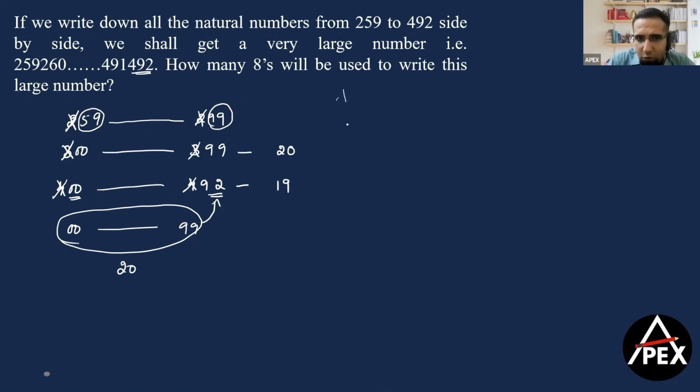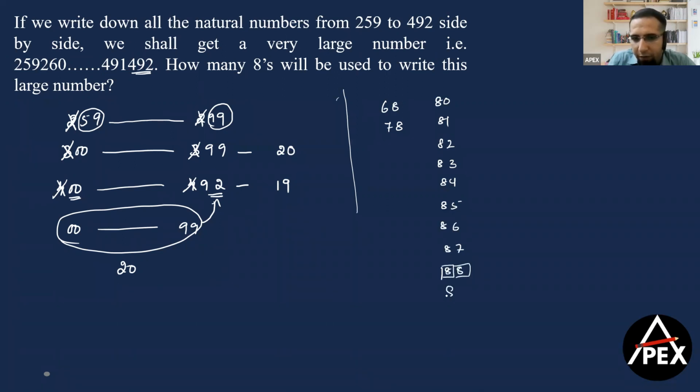Now from 59 to 99, how many 8s do I have? 8 appears in 68, 8 appears in 78, 8 appears in 80, 81, 82, 83, 84. In fact, we need to learn this point by heart: 85, 86, 87, 88 has 2 8s, and we have 89.